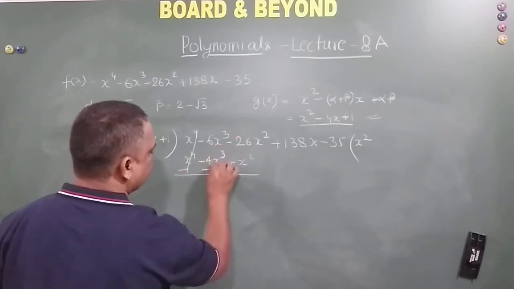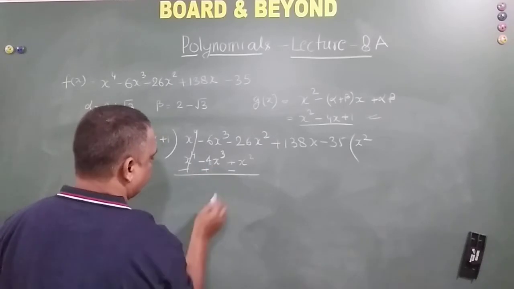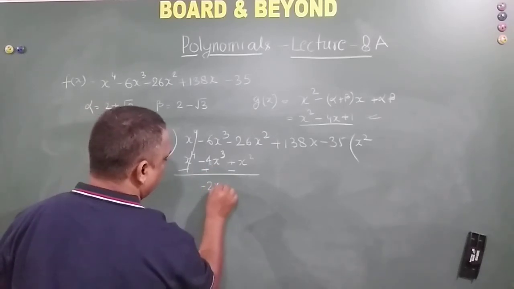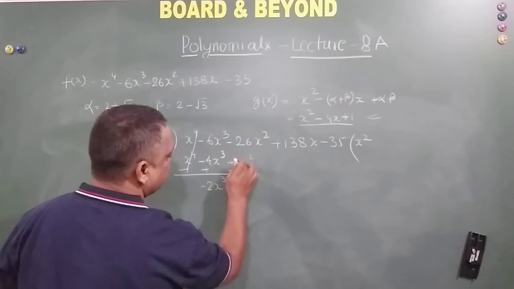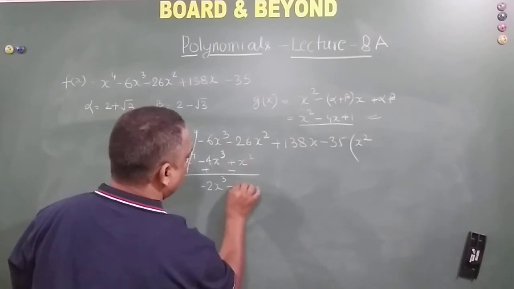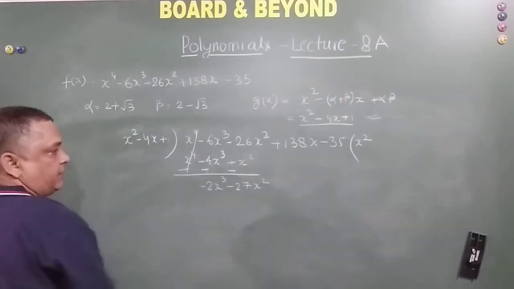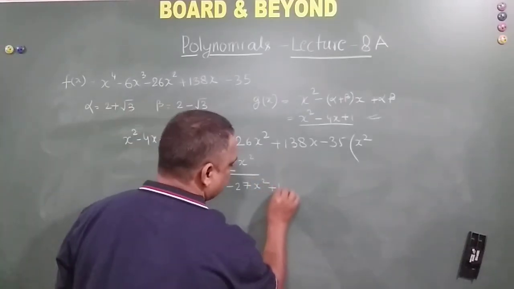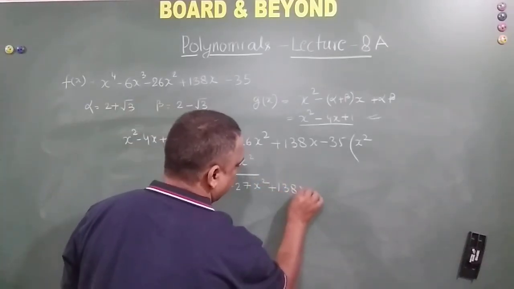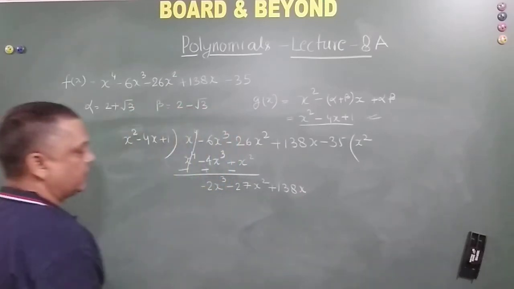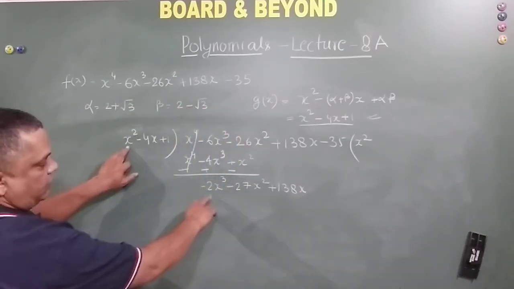So this becomes minus 6 plus 4, that is equal to minus 2x cube, and this becomes minus 27x square, right friends? Okay, I bring down this plus 138x down.